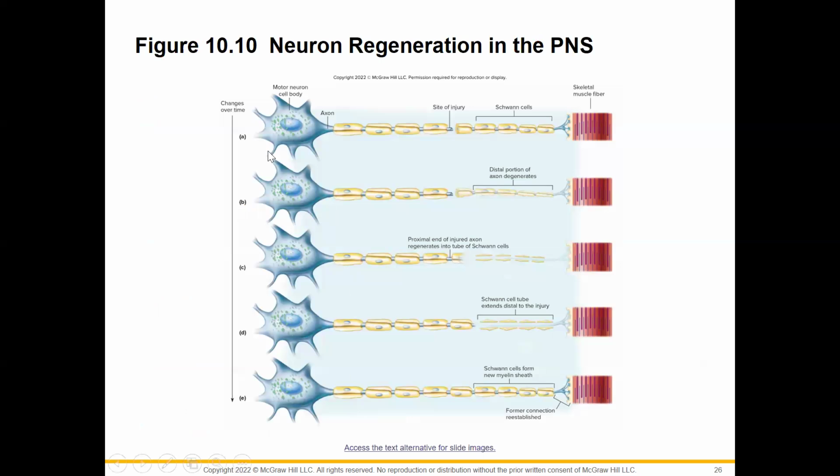So this is showing you the same thing that we just discussed. In this case, this would be a motor neuron that is innervating a muscle cell fiber.